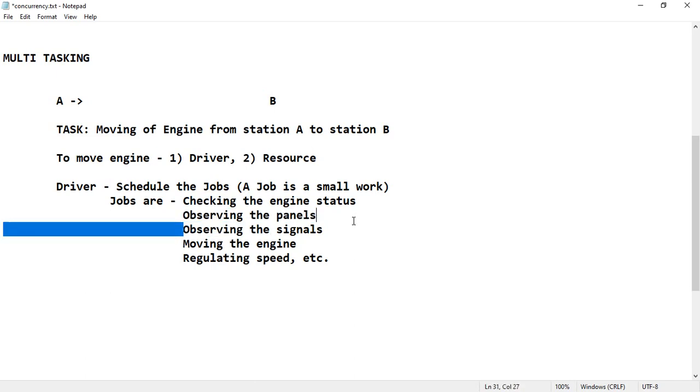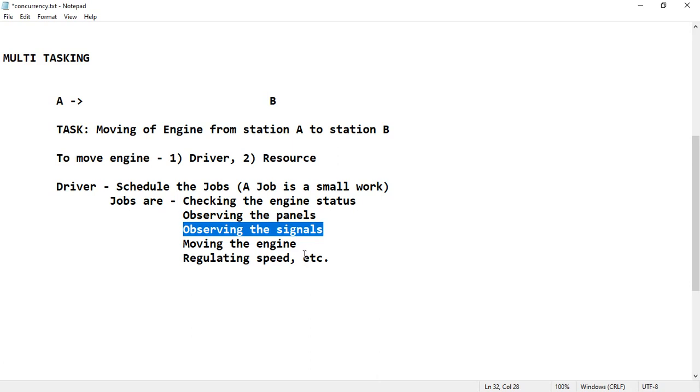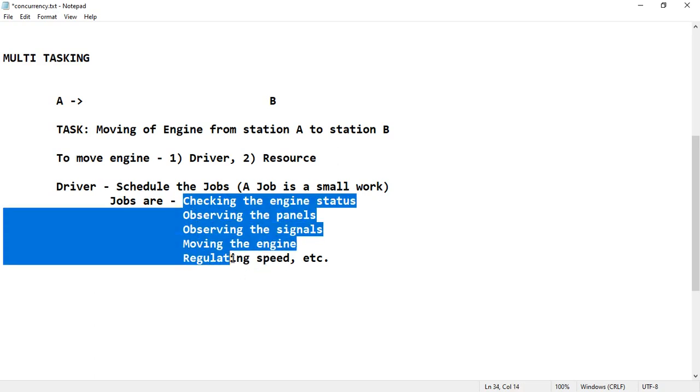Next is observing the signals. Obviously, by observing the signals and with the control from the nearest railway station, the proceeding of the engine should take place. Next is moving the engine, regulating the speed. So these jobs have to be performed in a sequential way or maybe in a zigzag way.